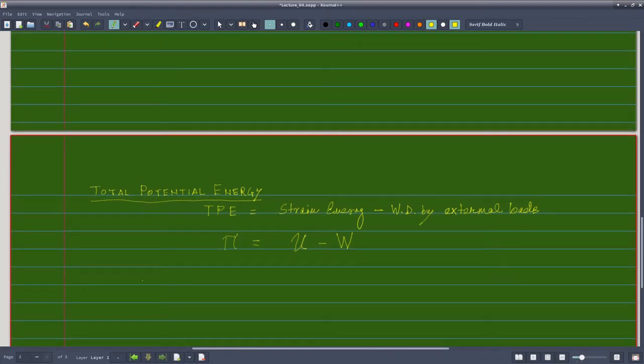Now let us see what is the principle of minimum potential energy.